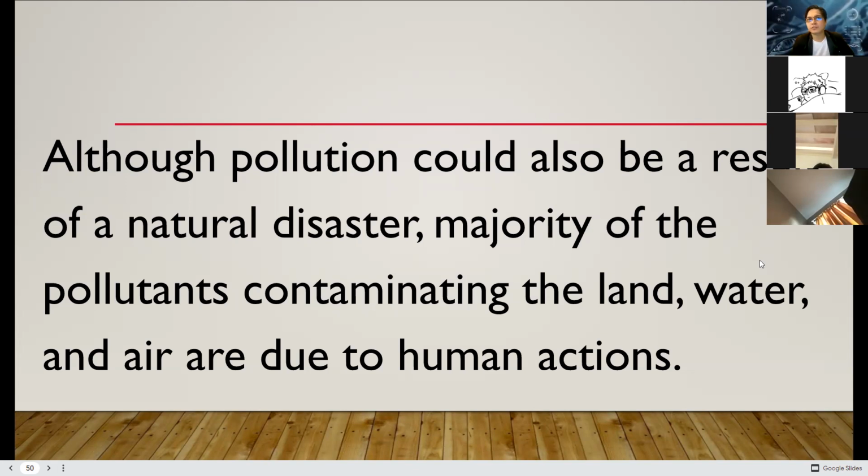For instance, we tend to create a commercial area out of a forest or out of the green grassland, because we want more profit on our side. In creating those, we are also creating a lot of what? A lot of pollutions, and we are putting pollutants on air, water, and land.